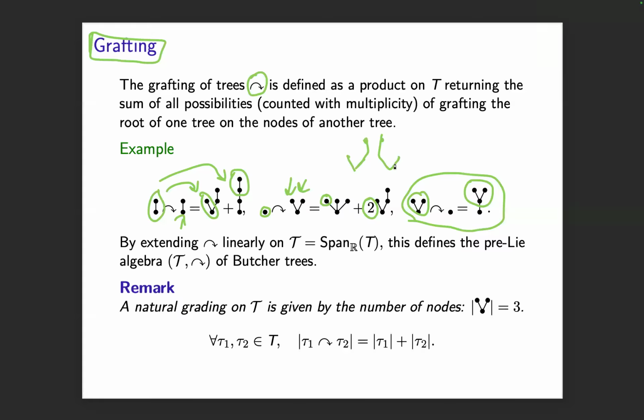Yes, they are the same because the trees are said to be non-planar. So what you get is this one plus this one plus this one, but you have twice the same, so that's why there is a 2.